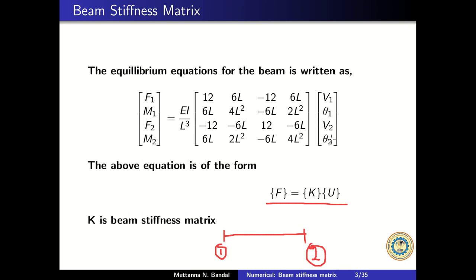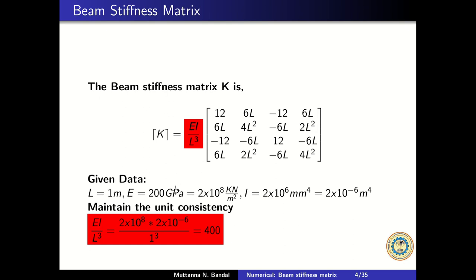V1 and V2 are the vertical displacements at node 1 and node 2. Theta 1 and theta 2 are the angular displacements at node 1 and node 2. Now we have to find the stiffness matrix, that is K, which is unknown. For that, let us calculate it.